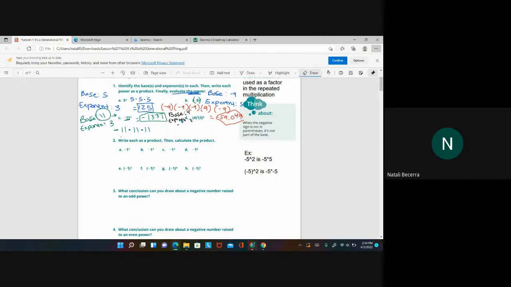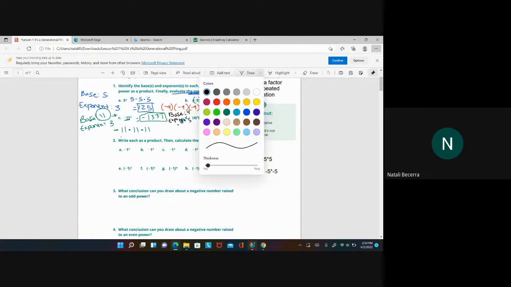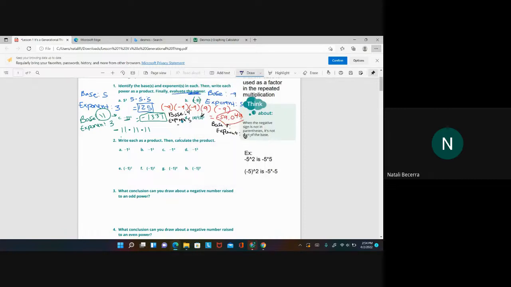I read that wrong. The exponent is 5. And then for this one right here, for the second set of parentheses, my base is 3 and my exponent is 6. So that means that I'm going to have 4 of the 5s.